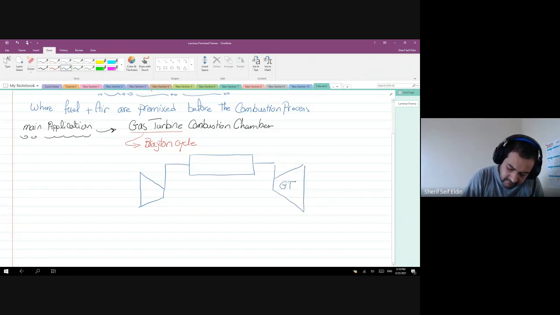This is a gas turbine. That's a compressor, and this is a combustion chamber.